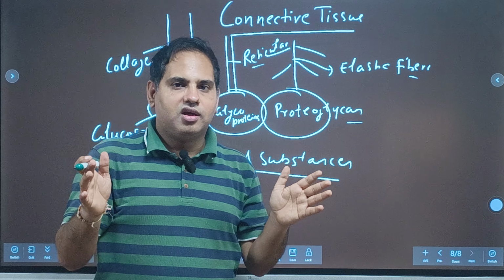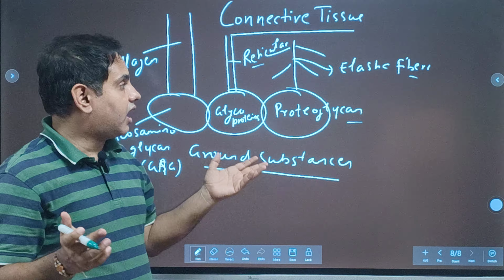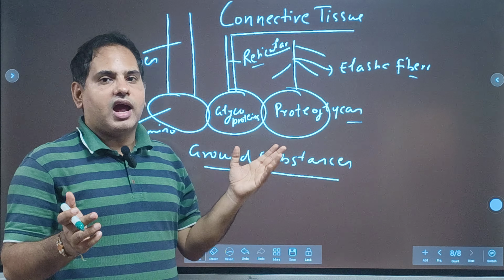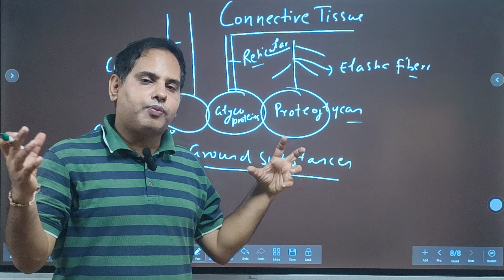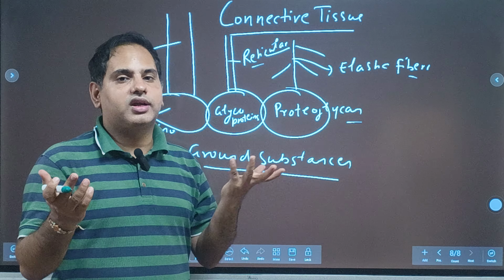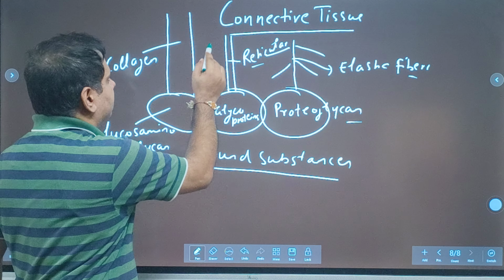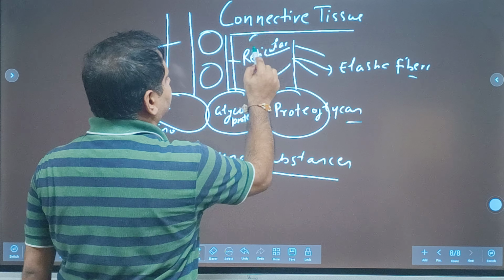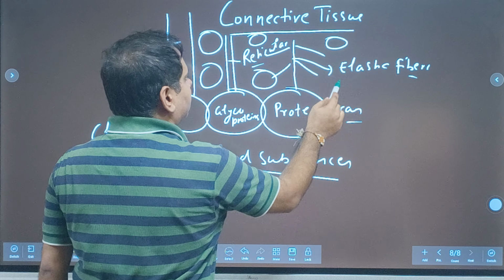But we have not talked about the cells, and as per the definition, a group of cells we call a tissue. So where are the cells? In between the fibers there are the cells of the connective tissue.